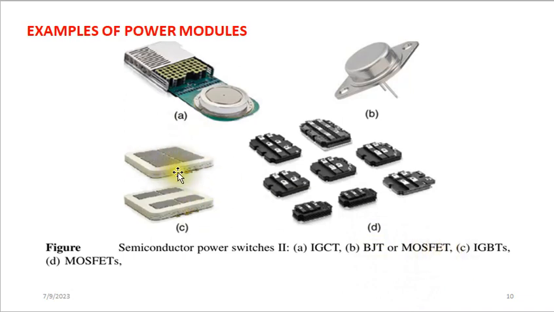The C is the power module that contains IGBTs, which stand for the insulated gate bipolar transistors. And the last one, which is the D, is the one that contains MOSFETs, and the MOSFET stands for metal oxide semiconductor field effect transistors.